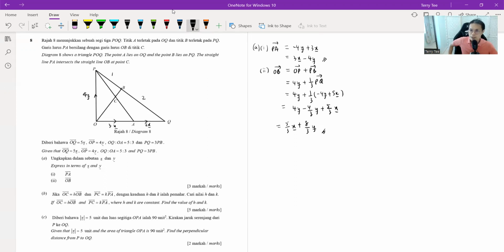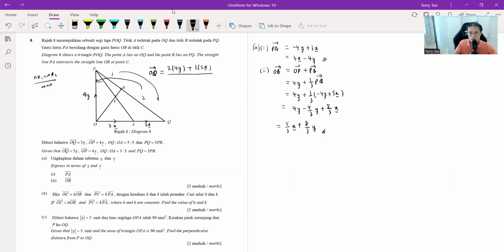Now, actually, I have a shortcut to find OB, but I know some people may not use this. It's similar to the ratio divisor line segment in coordinate geometry, the nx1 plus mx2 over m plus n. So my shortcut is this. We take 2 multiply with the opposite vector, 4y, and 1 multiply the opposite vector, 5x.